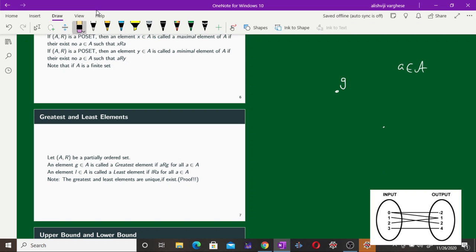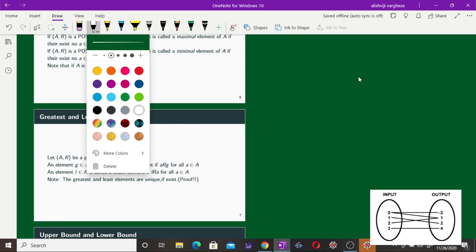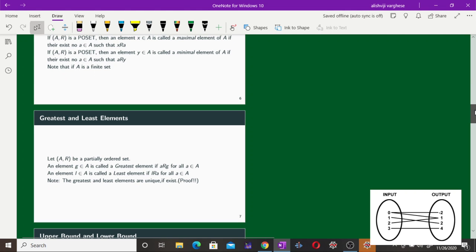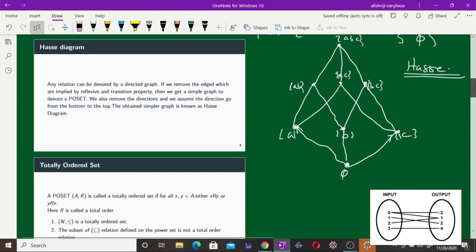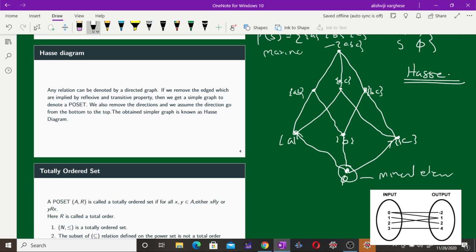So a particular partially ordered set may or may not have a least element, but a finite partially ordered set always possesses a maximal element and a minimal element. Now, if you look at this particular Hasse diagram, the maximal element and minimal element are phi and the set ABC. There is no element which is related to phi, so phi is the minimal element, and ABC is a maximal element.